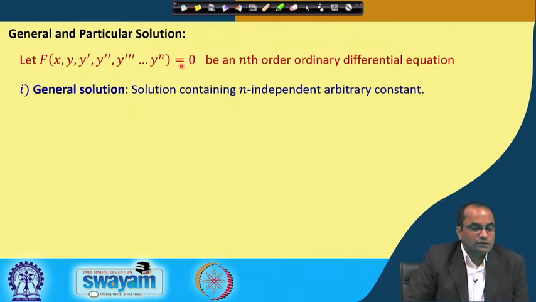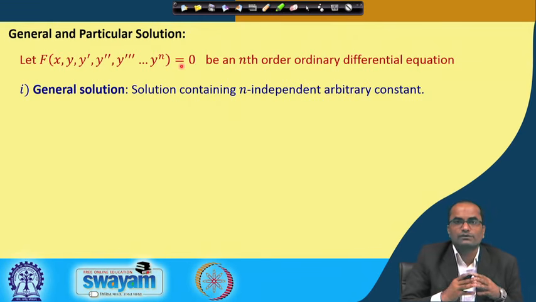So, it is a relation, meaning it is a differential equation, the nth order differential equation. So, what do we call the general solution? It is a solution containing n independent arbitrary constants. In the previous slide, we started with a 2 parameter family of curves, and the corresponding differential equation was a second order differential equation. Or the other way around, whenever we have a second order differential equation and we find the general solution of this equation, it will have 2 arbitrary constants or 2 parameters in the solution.